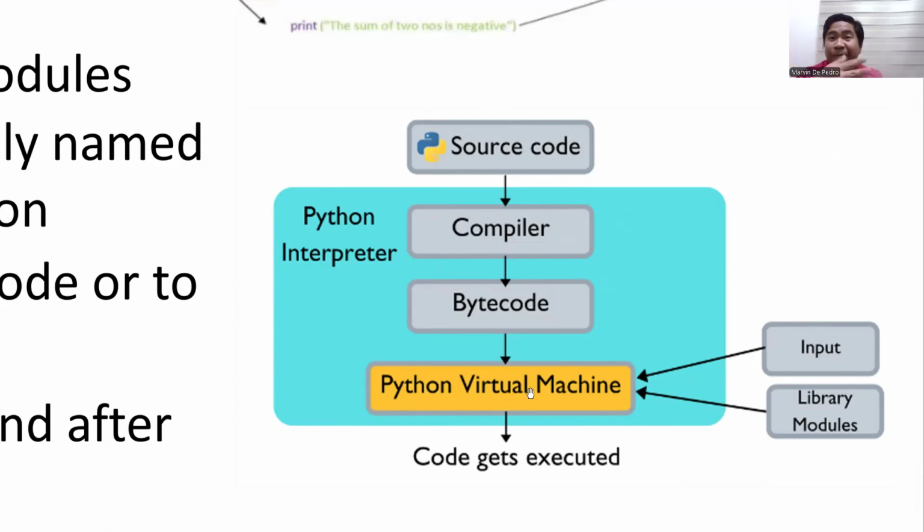I'll try to provide some examples also. In the Python virtual machine, especially via our IDE, we can put inputs and we can incorporate our library modules so that we can come up with our code output when it gets executed.